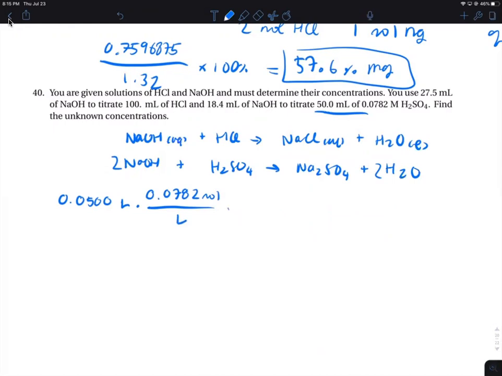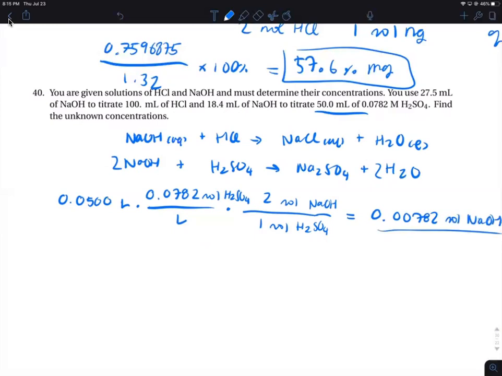And then from here we can find the moles of, this is H2SO4, so we can find the moles of NaOH using the equation we just wrote. So it's 2 moles of NaOH. And that gives us 0.00782 moles NaOH. Okay, cool.